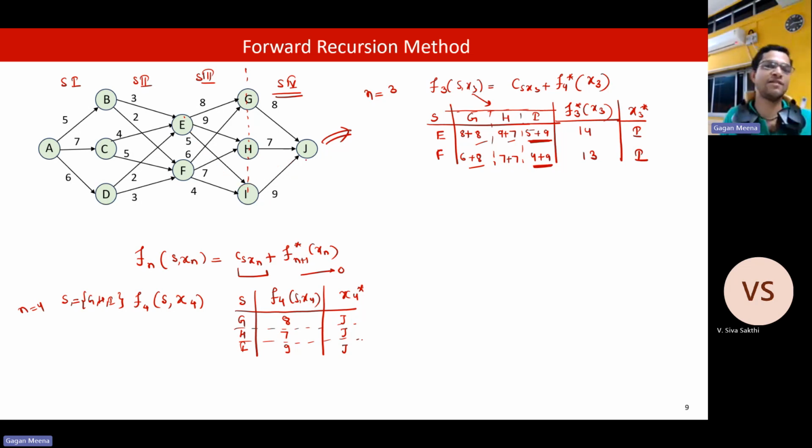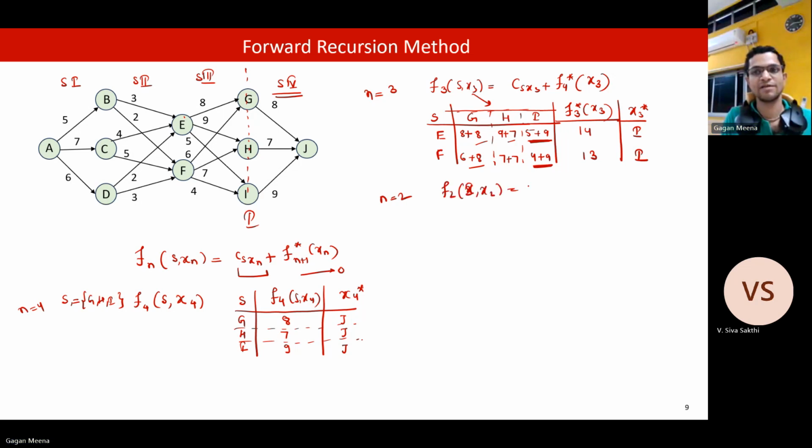So we are tracking like this, right? From J we have reached I. Up to this stage, this path is best. Moving from J to I is better. It's economical. Now for n equals 2, we have to see F2.